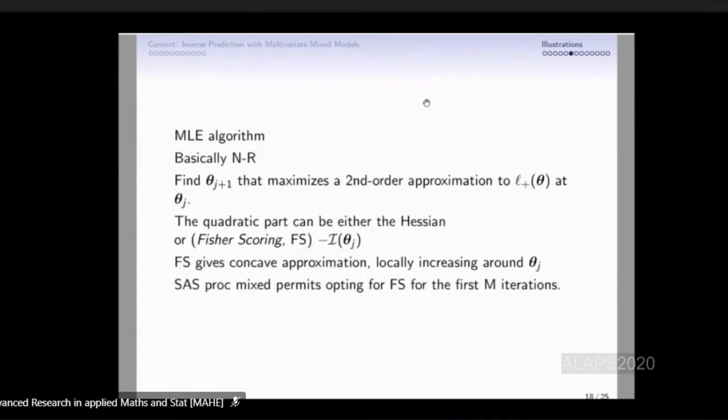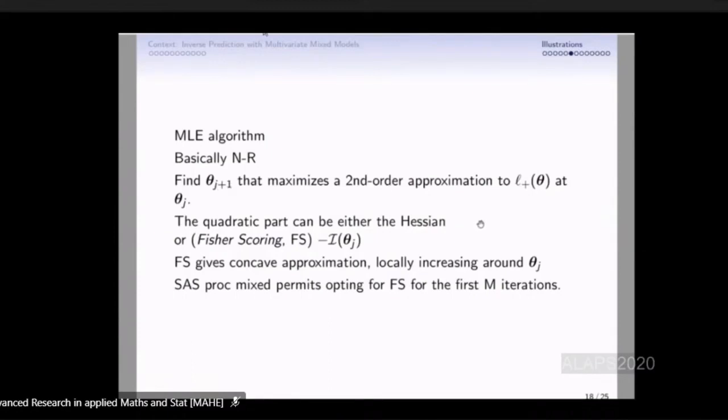So a little explanation is necessary of how these algorithms work. Proc mixed is basically a Newton-Raphson algorithm, and given a theta j, so the parameter vector, that's 19 components, or well, we'll use 18 here, and fixing t star, it approximates the log likelihood function by a second order approximation, and finds the new value of the parameter that maximizes that second order approximation.